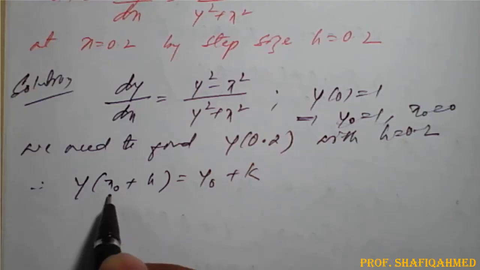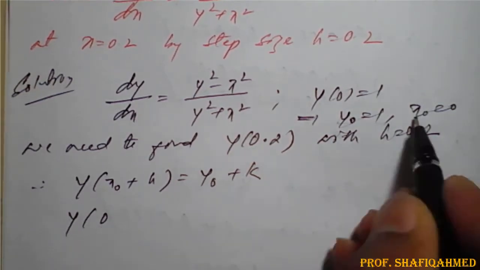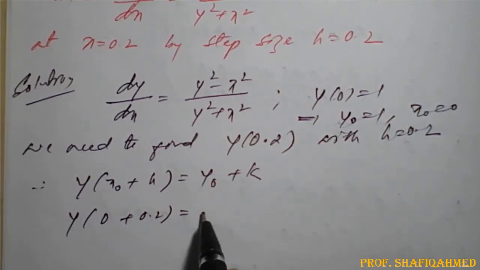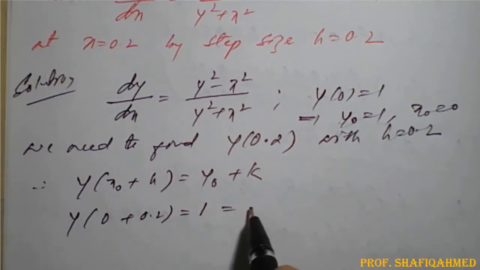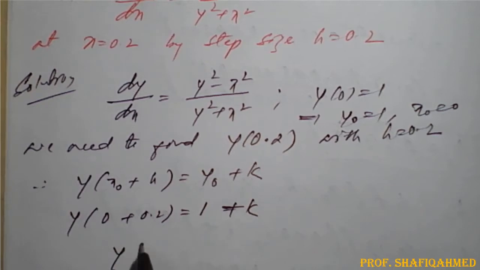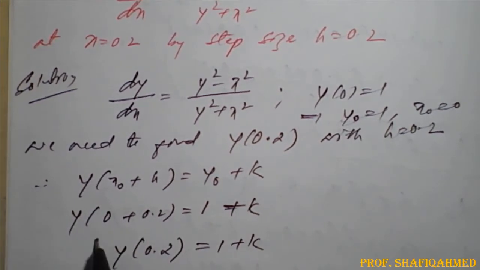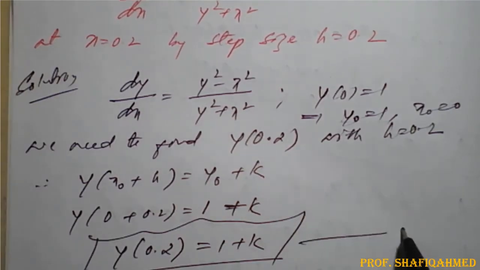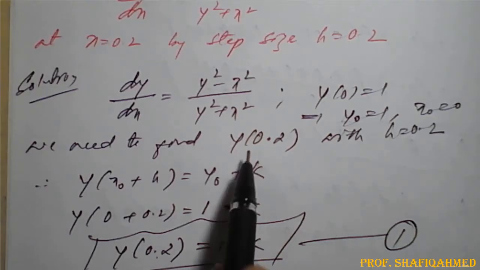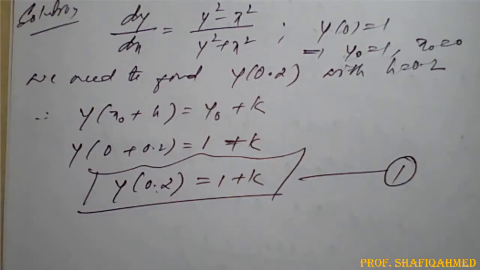So x naught plus h is nothing but 0 plus 0.2, h is 0.2, is equal to y naught is 1 plus k. So y of 0.2 is equal to 1 plus k. So we need to find this, and I will give equation number 1. Y of 0.2, what we have calculated and from the given question it is the same, it is matching, so we need to find this.